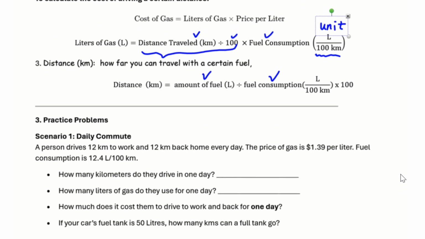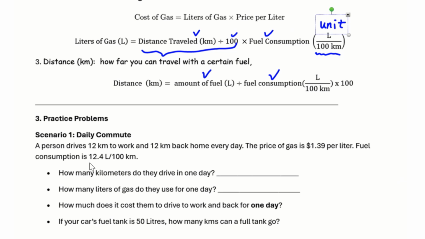So, practical problem. Scenario 1, daily commute. A person drives 12 kilometers to work and 12 kilometers back home every day. The price we use is $1.39 per liter. The fuel consumption is 12.4 liters for every 100 kilometers.